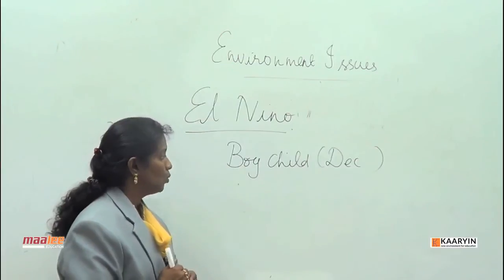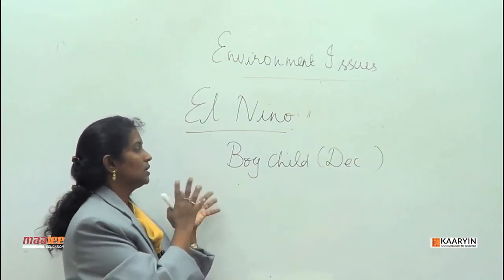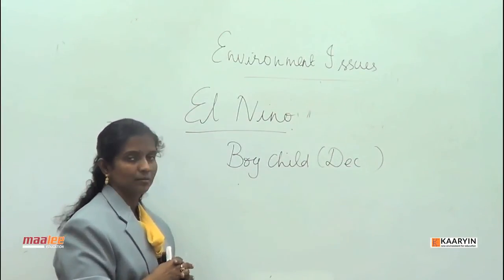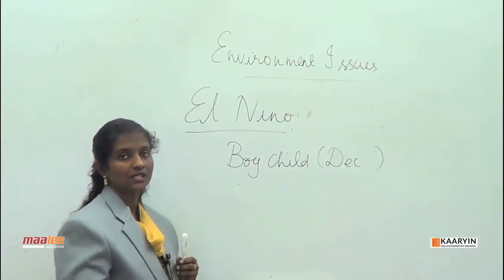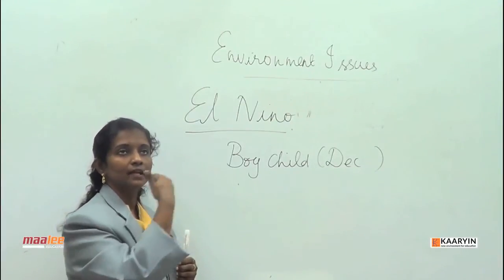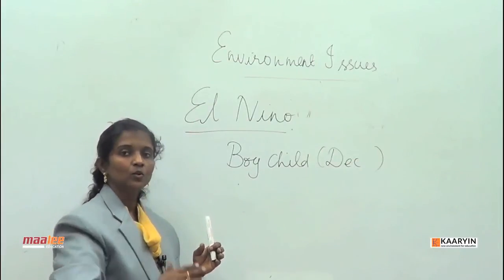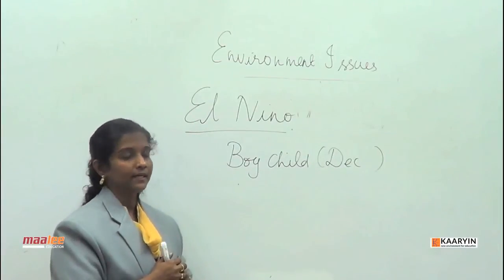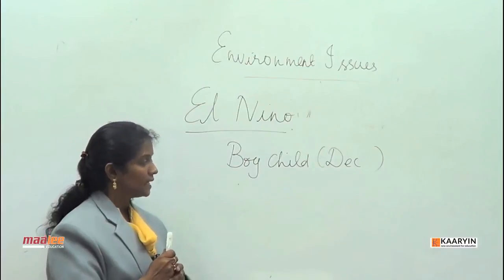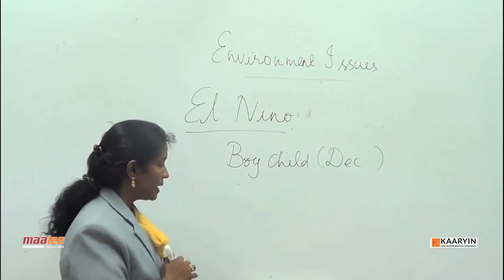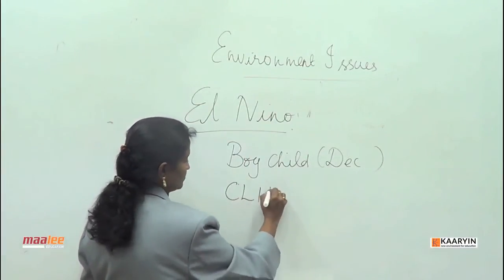So it happens during December, where upwelling of oceans in the Peruvian coast has led to the movement of waters towards the eastern side, and as a result, this El Nino has caused tremendous climate change.